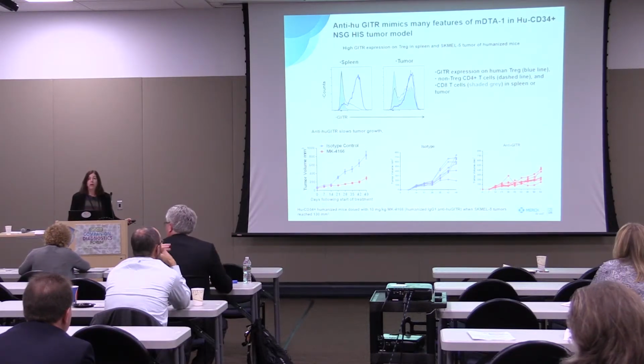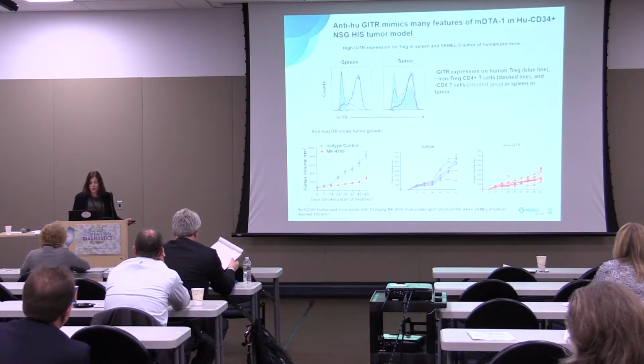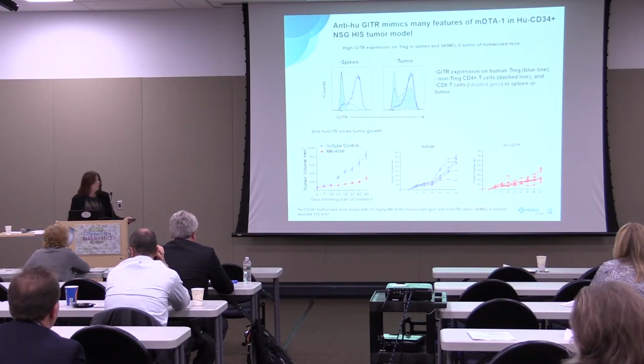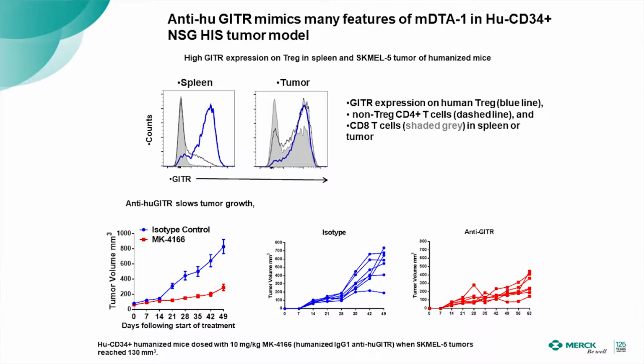So I know that Brian showed some of our work with the GITR model, but I just wanted to show a couple of things. Here we compared the expression. The Tregs are the blue line, and the CD4s are the dashed line.